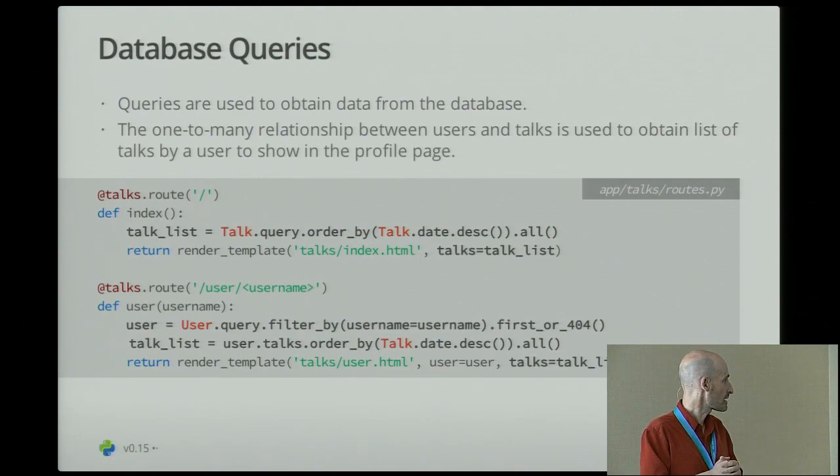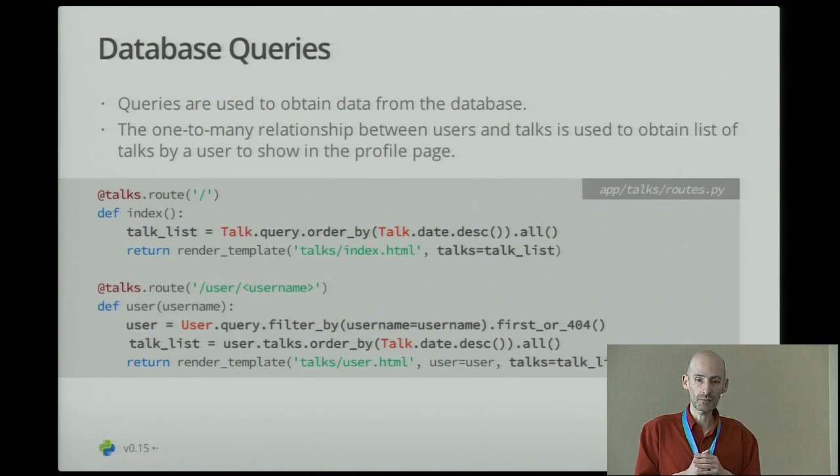So I run the query, so I say talk query order by date in descending order, and then I say all, give me all of them, okay? So that's SQLAlchemy syntax for running the query with the ORM. And then I pass that list down to the template as an argument named talks.